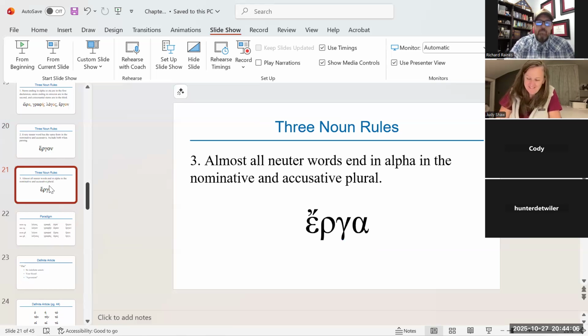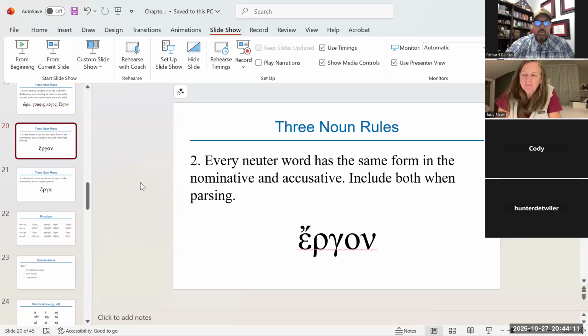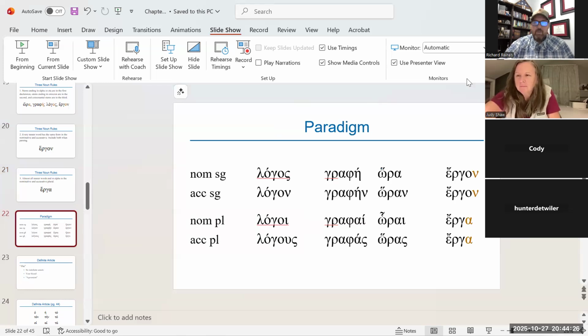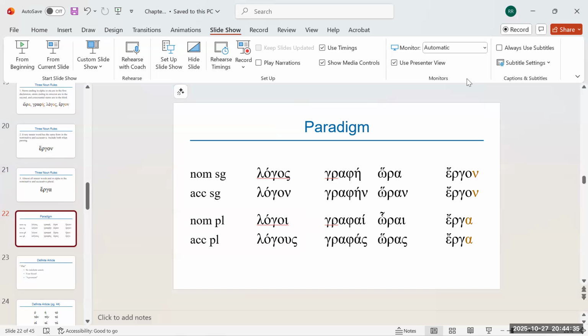And then the same thing. So this rule about nominative and accusative for neuter also applies to words that end in an alpha. All right, so let's look at the paradigm again. We have nominative singular in the masculine, the feminine, and the neuter.